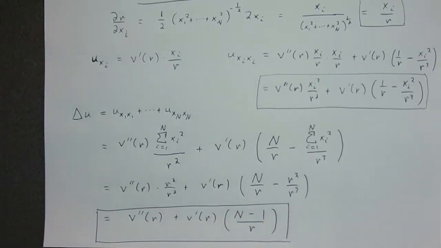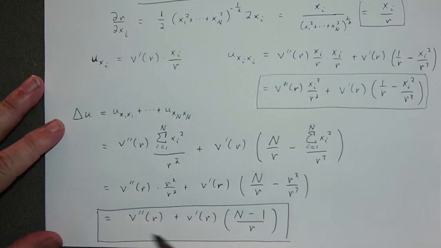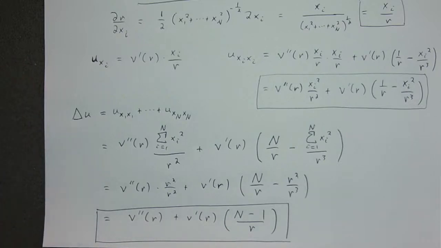Okay, so the Laplacian of u turns into this ODE with respect to the variable r for my radial function v. Remember, v is u, just u considered as depending on the distance of x from the origin. And so what have we shown here?